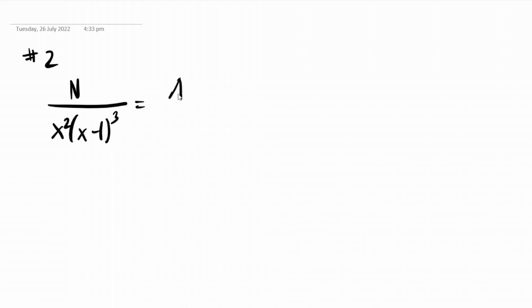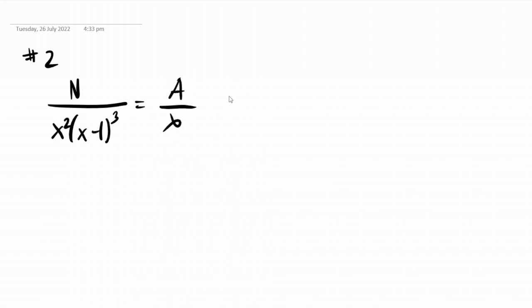So another scenario would be something like this, where we have n over x squared multiplied by x minus 1 cubed. So since there are exponents on one, we will repeat it.